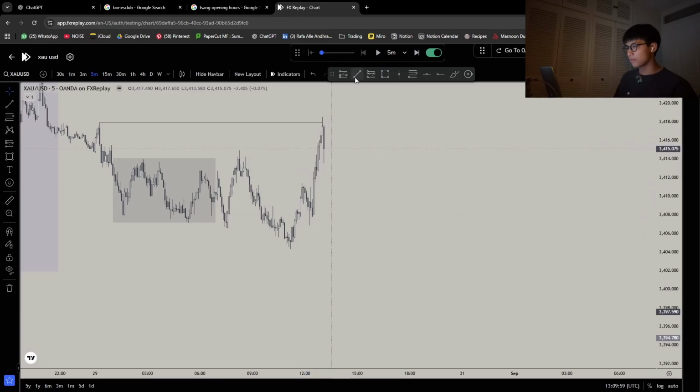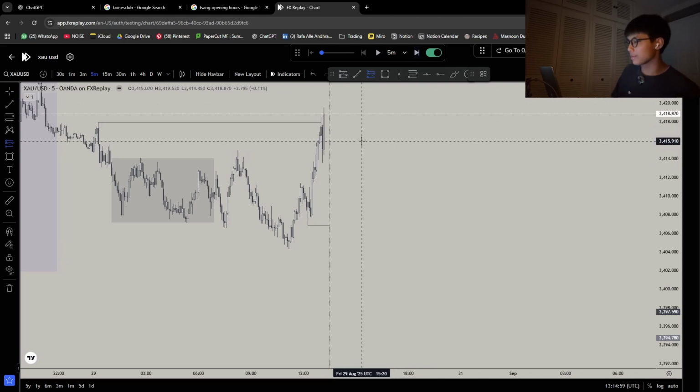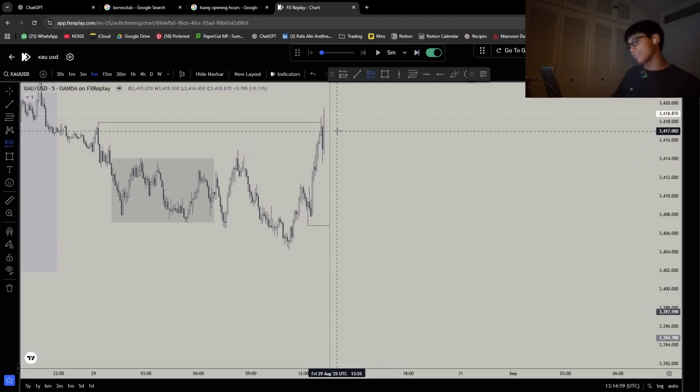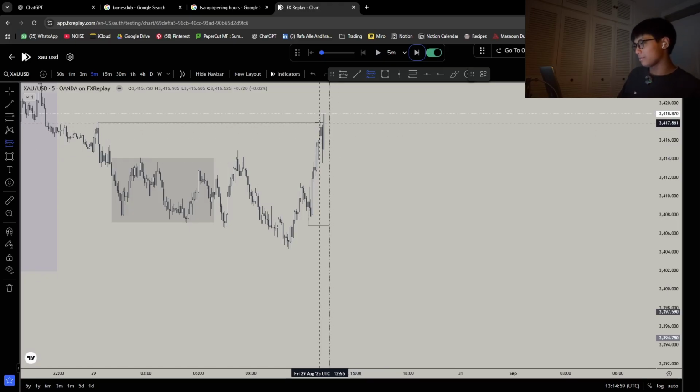The draw on liquidity would be this. Okay, I think I'm going to take the trade. Nah. Okay, good. I guess that's good because it landed bullish.